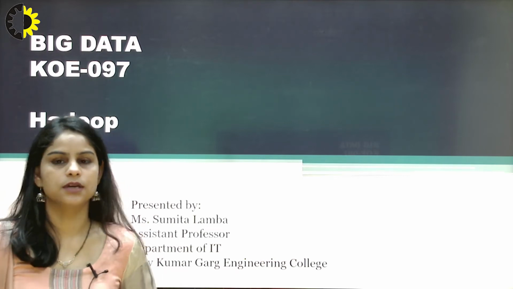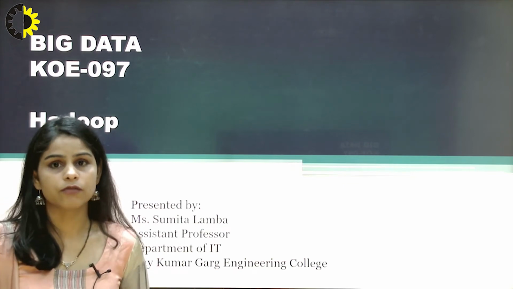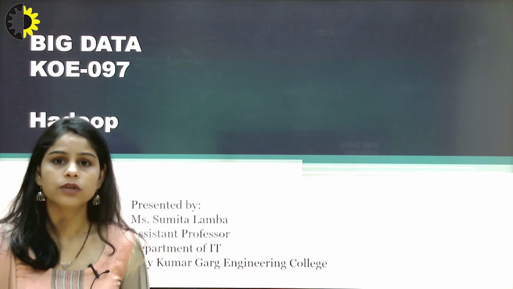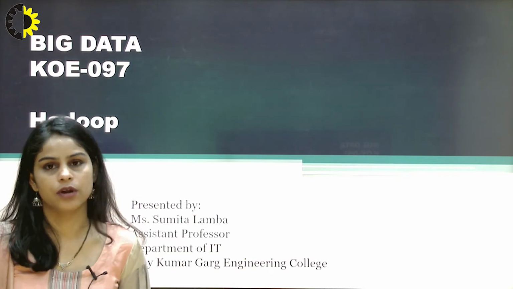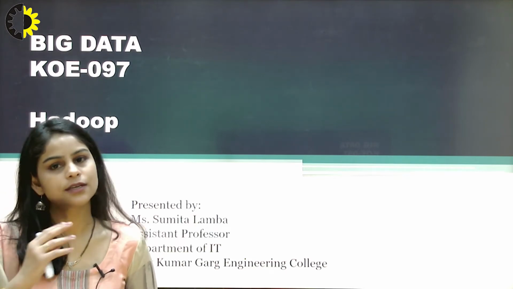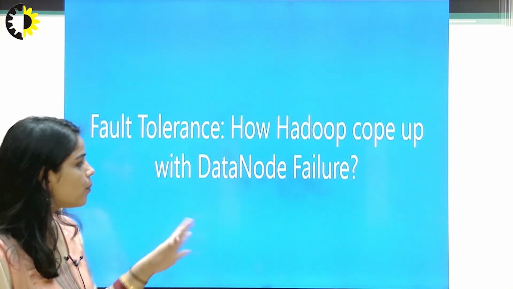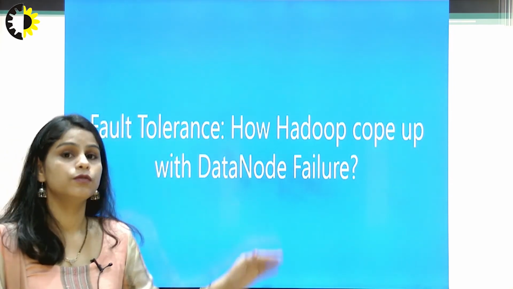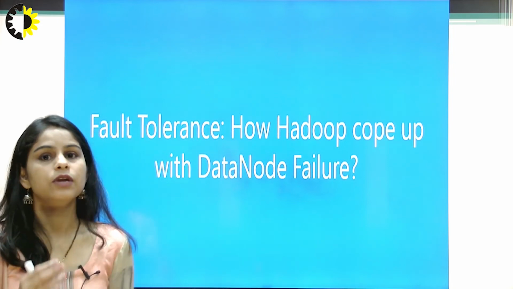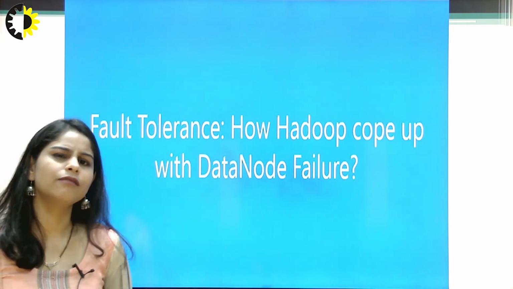Now, in today's lecture, we'll continue the previous discussion and understand how HDFS deals with fault tolerance and how the user can read or write on HDFS. So let us start. First thing, how does Hadoop cope with data node failure? We know that all the data nodes are very cheap devices.